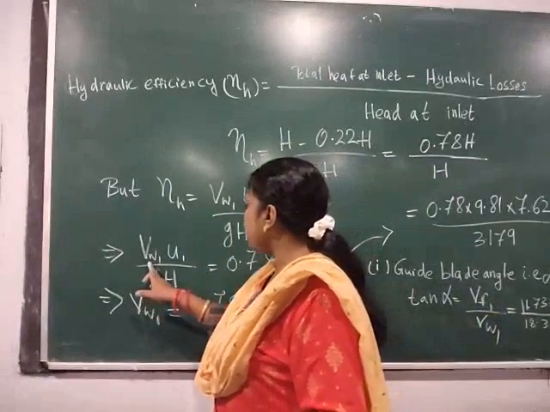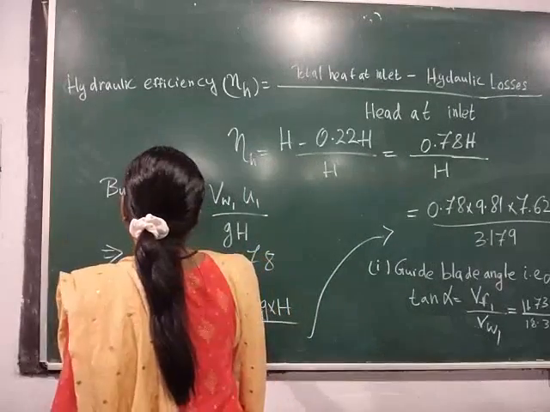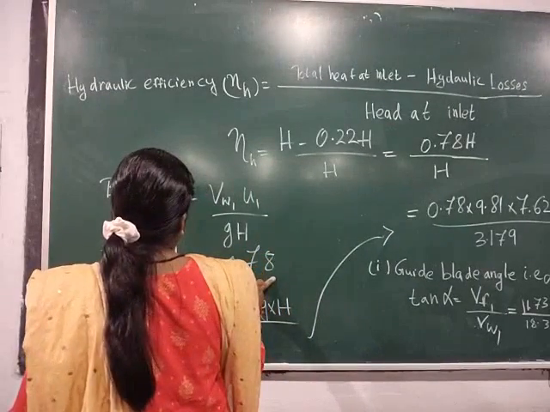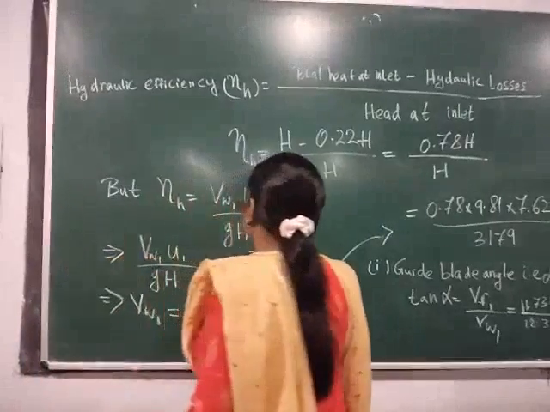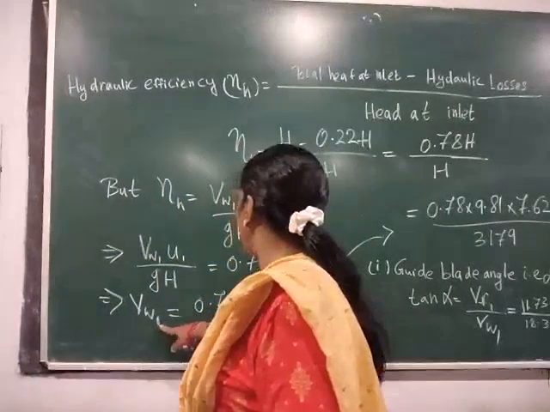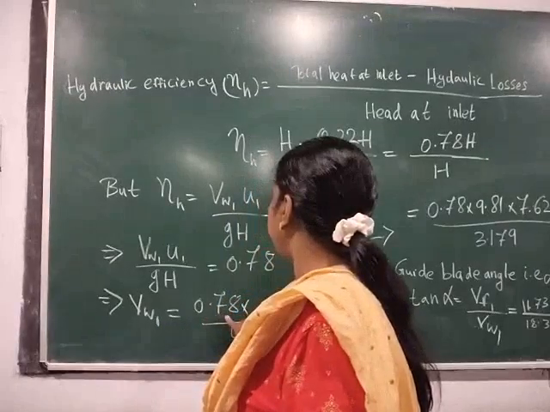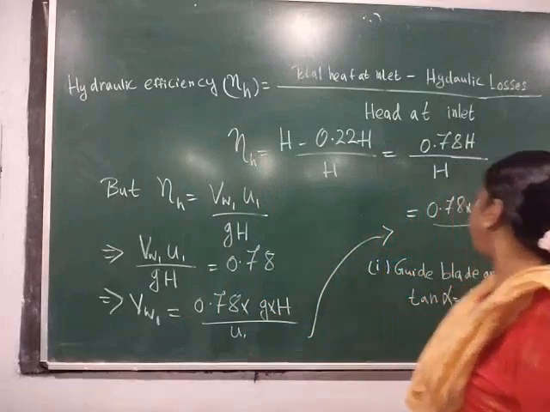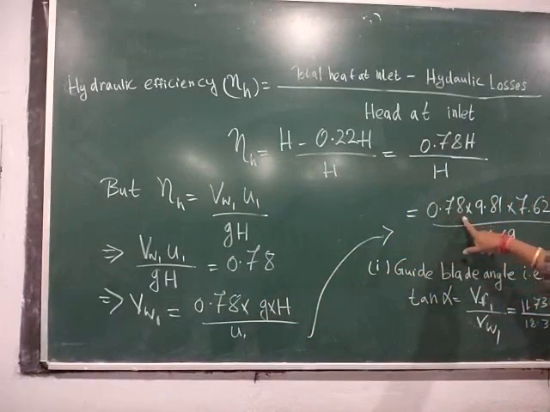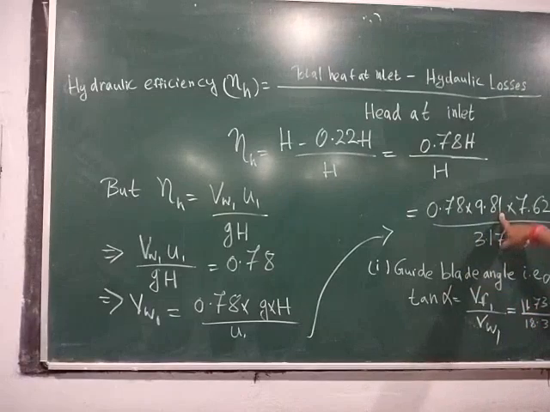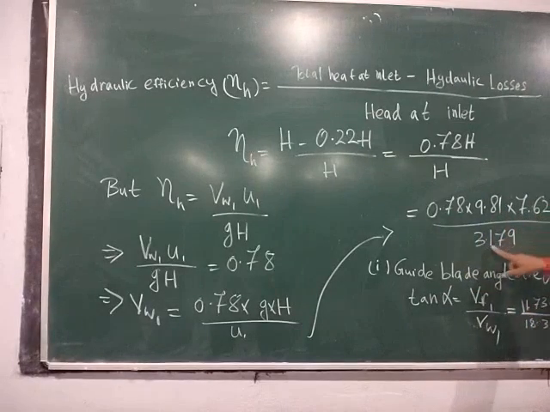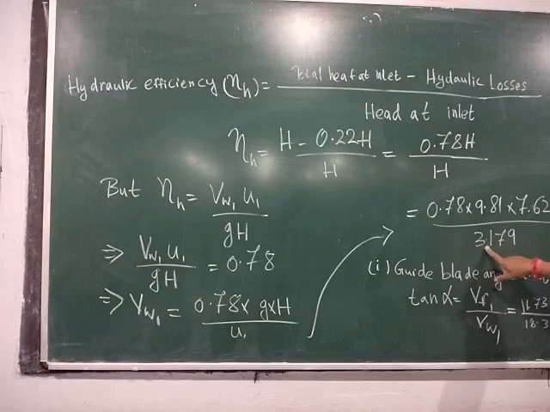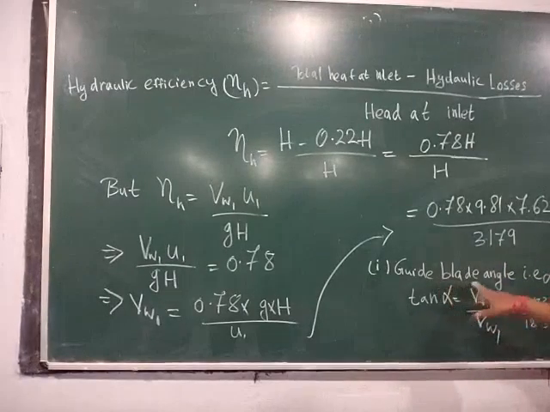So here we can write this as 0.78. Next, Vw1 is nothing but 0.78 into gH divided by U1. So Vw1 is equal to 0.78 into 9.81 into H, which is 7.62, divided by U1, which is 3.179, that equals 18.34 meter per second.